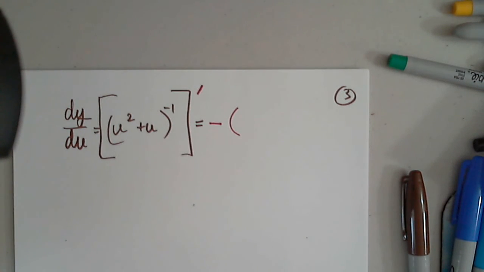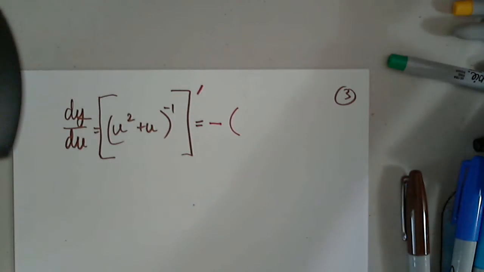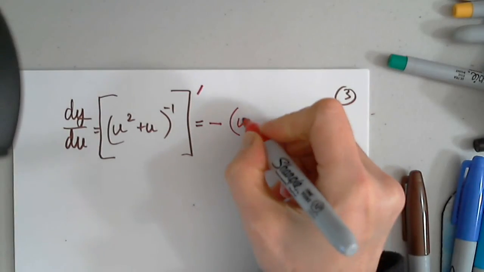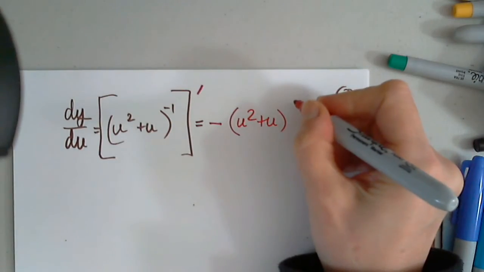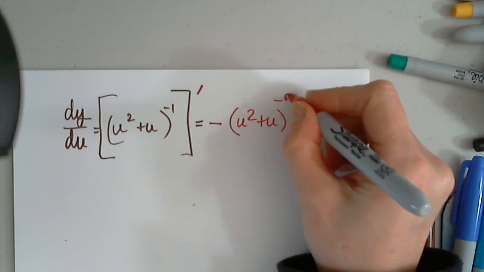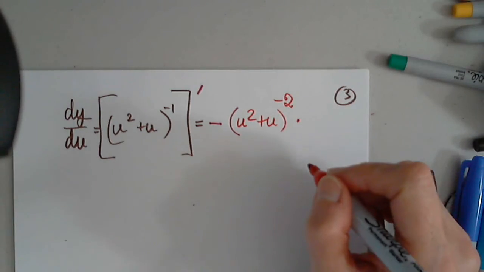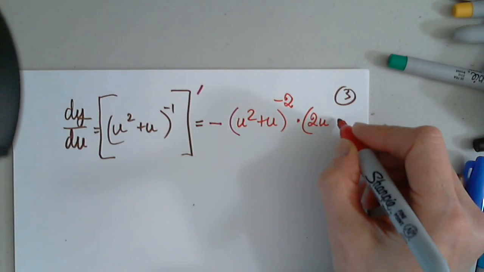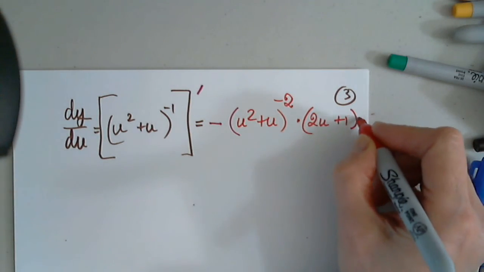Shvam, will you help? Shvam, are you with us? Yeah, but I'm not really sure. Still u squared plus u in the middle, right? U squared plus u to which power? -2. -2 multiplied by 2u plus 1.